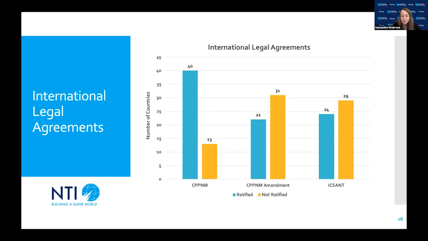But when we get to that amendment, that's very important and expands the scope, you see that number drops, and more countries have not ratified it than have ratified it, including South Africa. And then on the right, you see a similar trend. So this demonstrates that there's quite a lot of room for improvement when it comes to ratifying treaties in Africa.